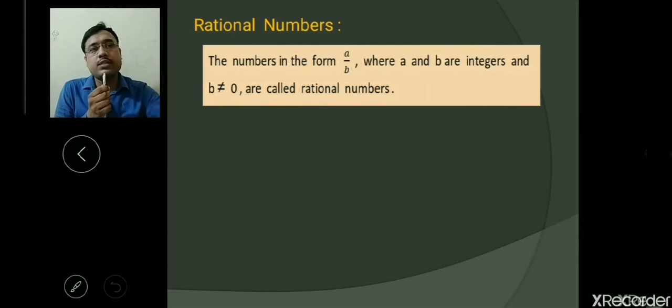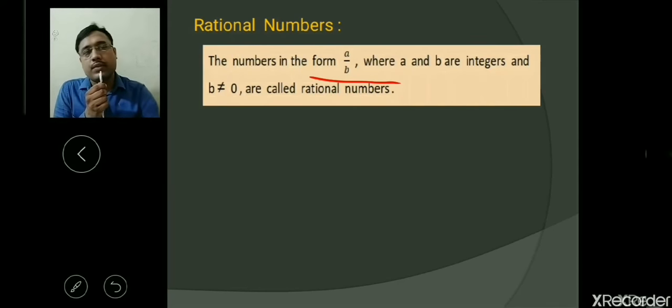The numbers in the form of a by b, where a and b are integers, any integers, negative or positive. The numerator can be negative or positive, and the denominator can also be negative or positive. Here b is not equal to 0, that means the denominator cannot be equal to 0.